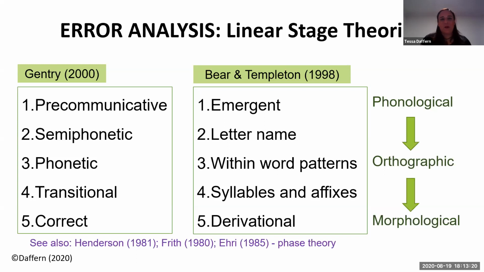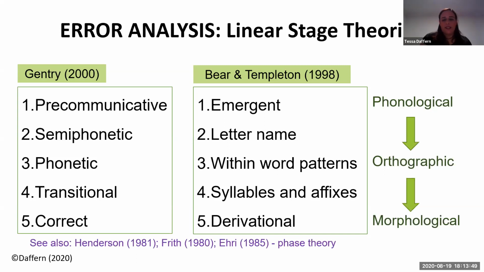However, there is a growing body of research that provides quite unequivocal evidence that learning to spell doesn't really evolve or develop in these distinct, clear, linear stages. Indeed, linear theories seem to provide a rather overly simplistic assumption of how children learn to spell, as they don't necessarily capture the range of difficulties that students encounter throughout their spelling journey.